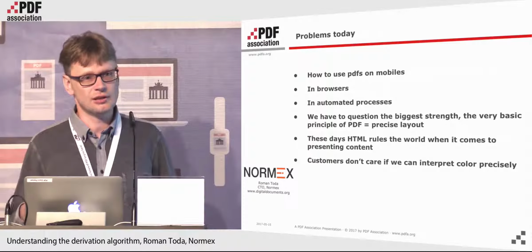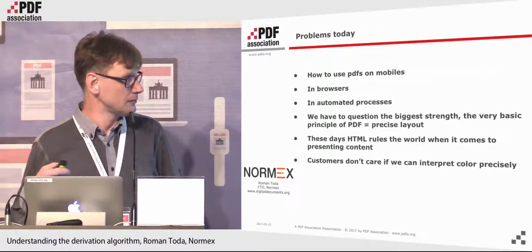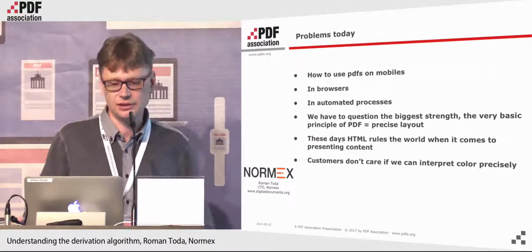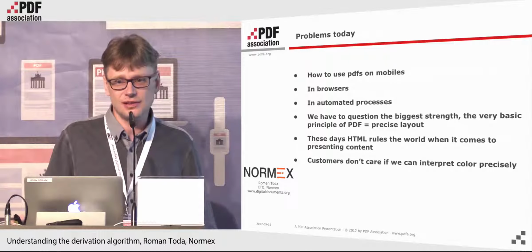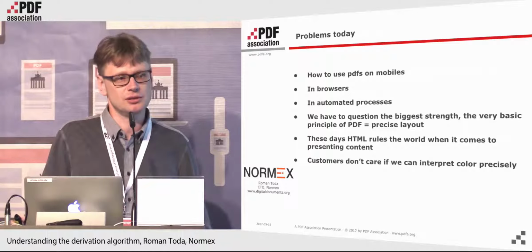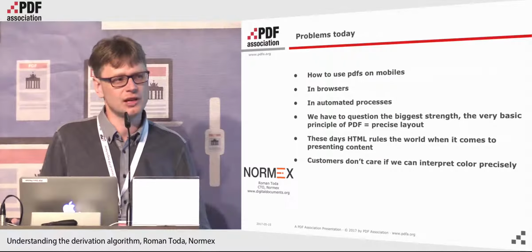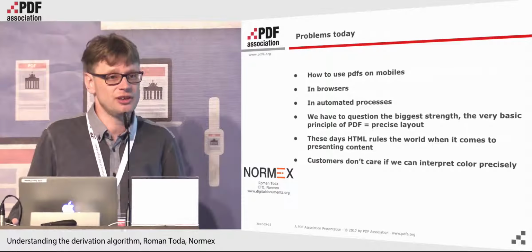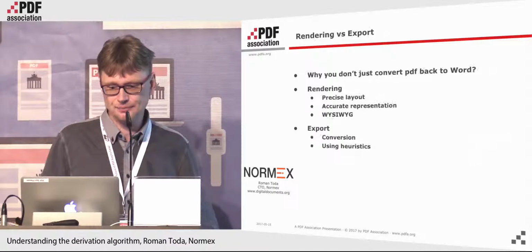People access content from their mobiles and tablets, and that's mainly in HTML form. And to be honest, customers don't care that much if the color is interpreted precisely when consuming on mobiles. What they need is just the content they want to access, right?